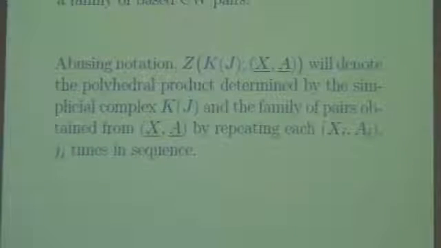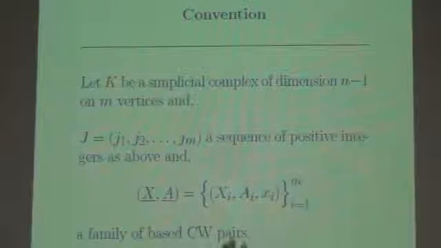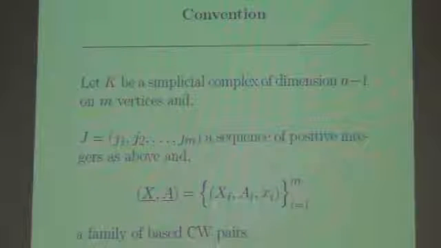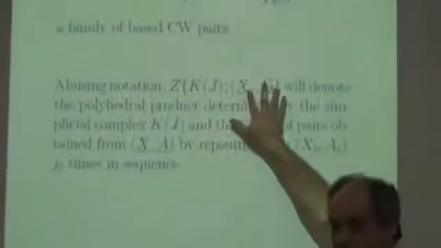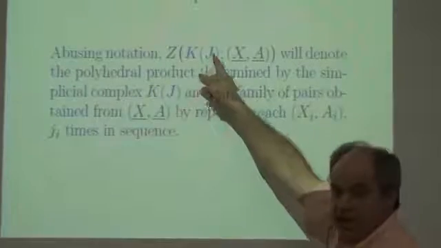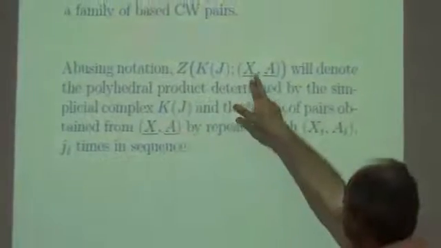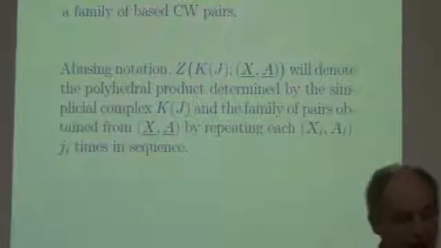Okay, now I have to make a convention. My original setup started with M pairs, (X_i, A_i). Now, if I want to make this polyhedral product, this is impossible, because K of J has many more vertices than M, and (X, A) only has M pairs.